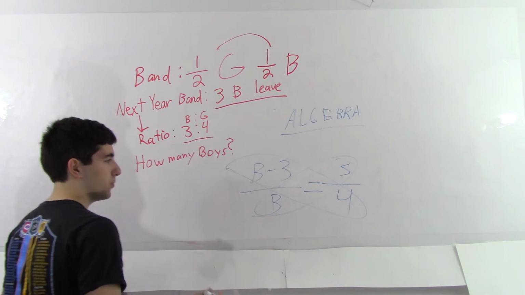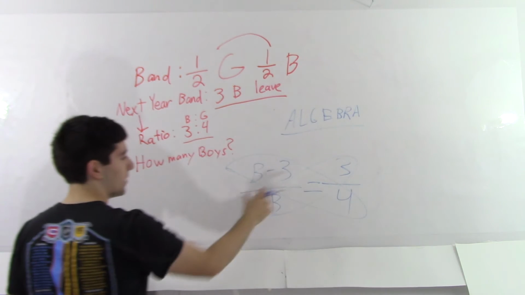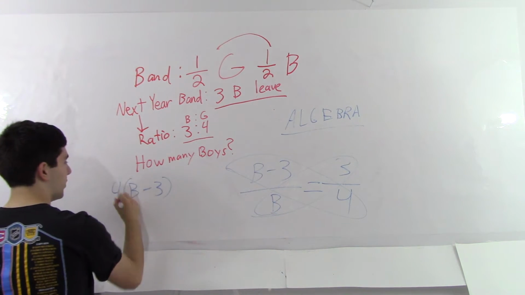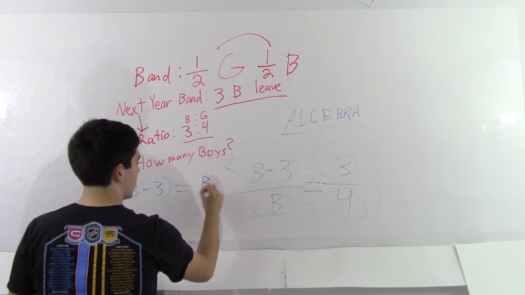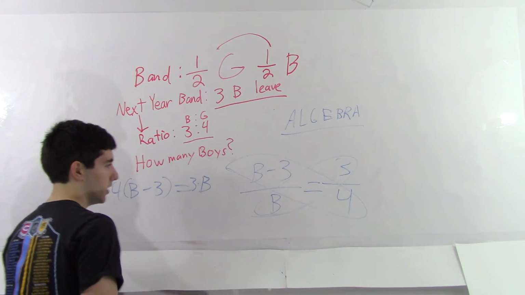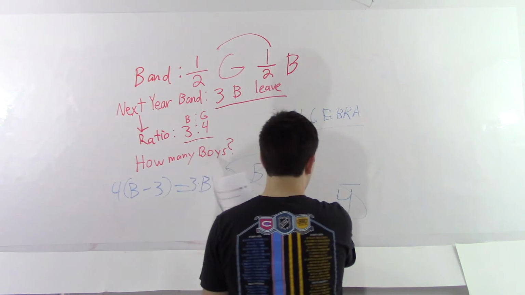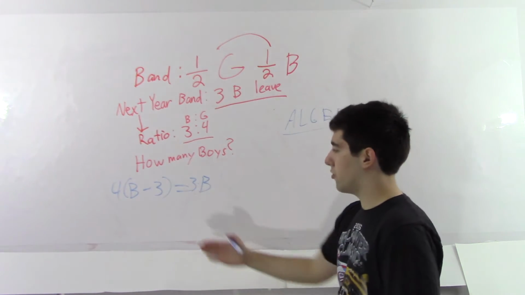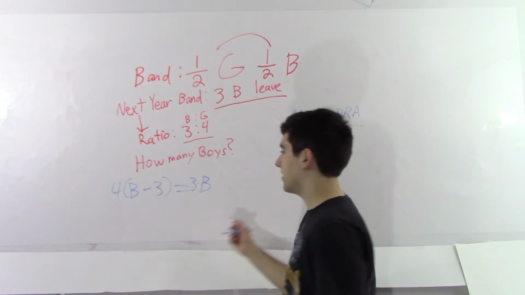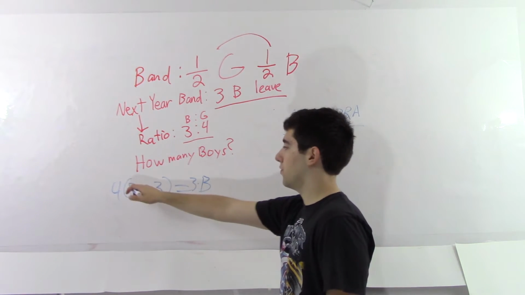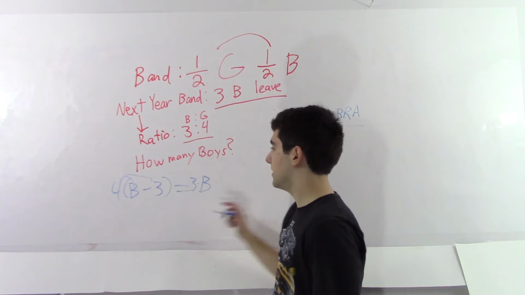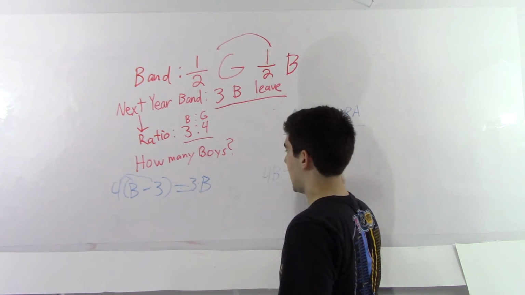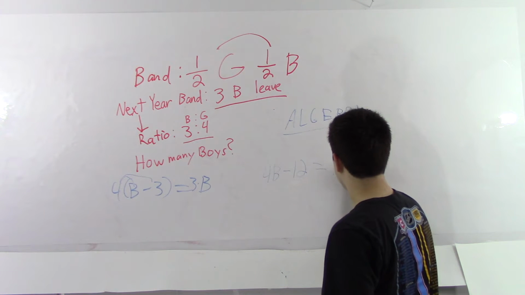Now we're going to cross multiply it like a regular equation. b minus 3 times 4 is equal to 3 times b. Now that we have this equation, we're going to treat it again like regular equation rules. We're going to distribute 4 to each part, 4b minus 12, and 3b can be kept like that.